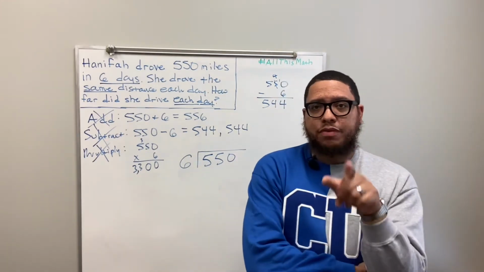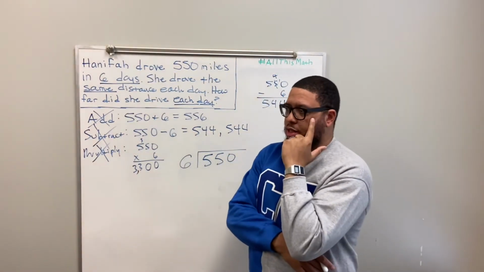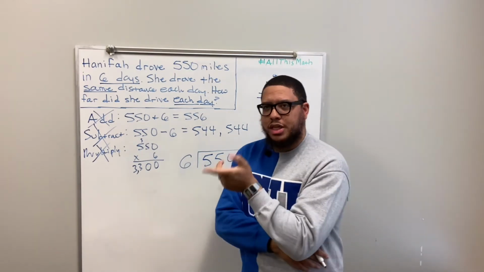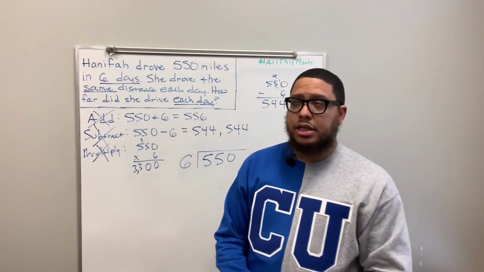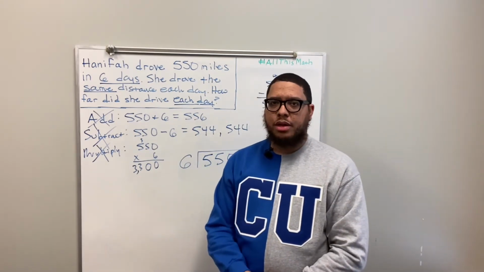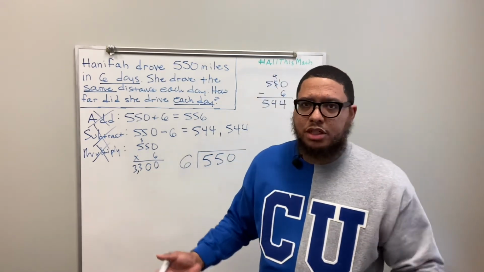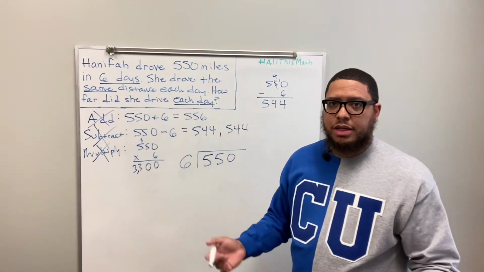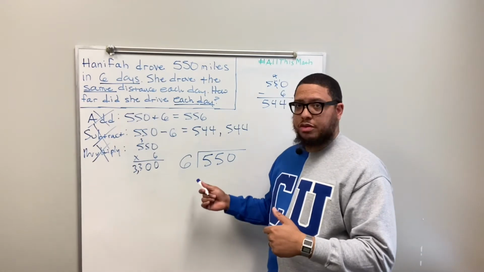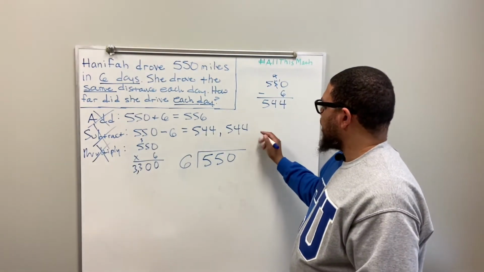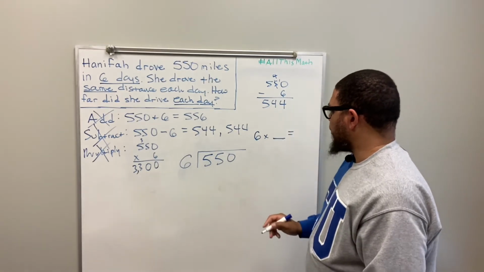Here's the part where we have to know our multiplication facts, because we want to think, is 55 a multiple of 6? Meaning, can I multiply 6 by a whole number to get 55? No, I can't, because there's no whole number I can multiply 6 by that will equal 55. But what multiple of 6 comes close to 55? 6 times blank equals a number close to 55.